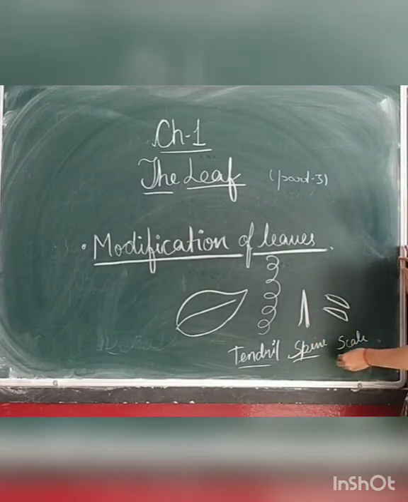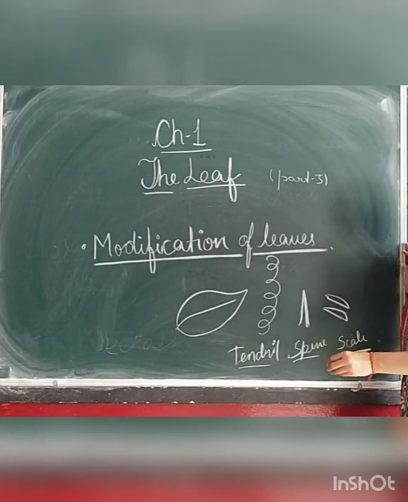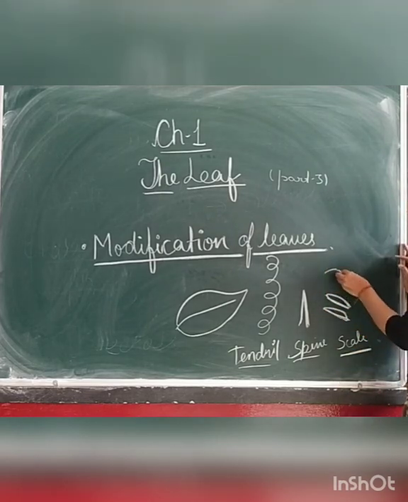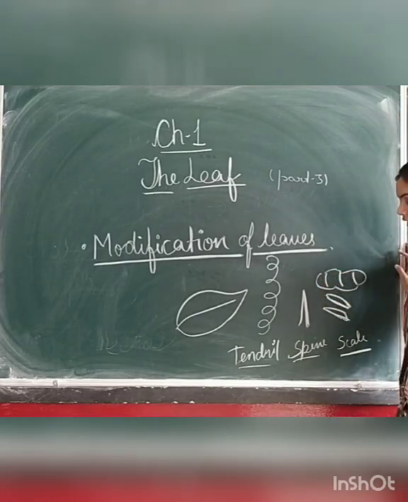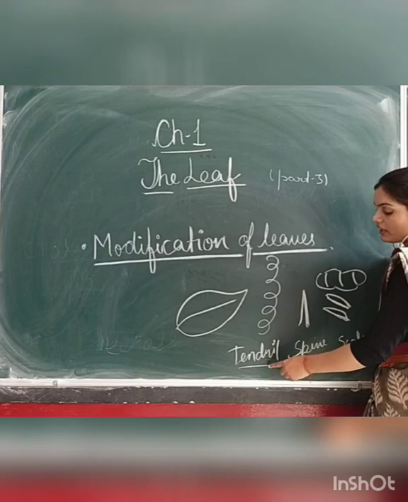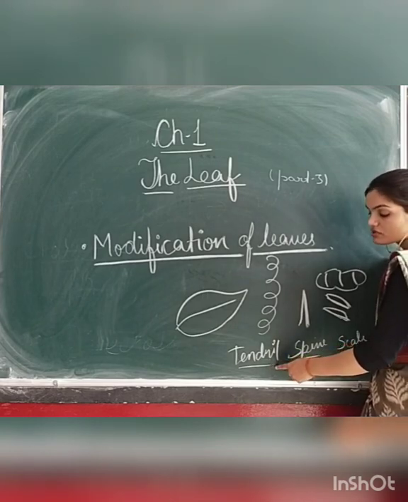Now scaly leaves we can see in ginger and onion. The leaves are modified into scales. For example, in ginger this structure is known as scaly leaves. Now we have to recall the function of these modifications. Tendril is important for support.